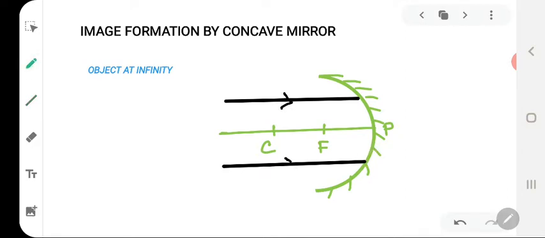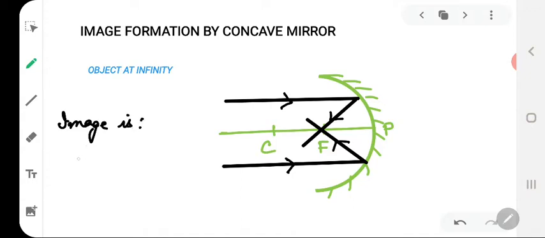And we know that any ray of light which is traveling parallel to the principal axis after reflection should pass through the focus. So obviously for a parallel beam of light, the rays of light will suffer reflection somewhat like this and they will converge at the focus, and in this situation the image formed will be extremely small in size.